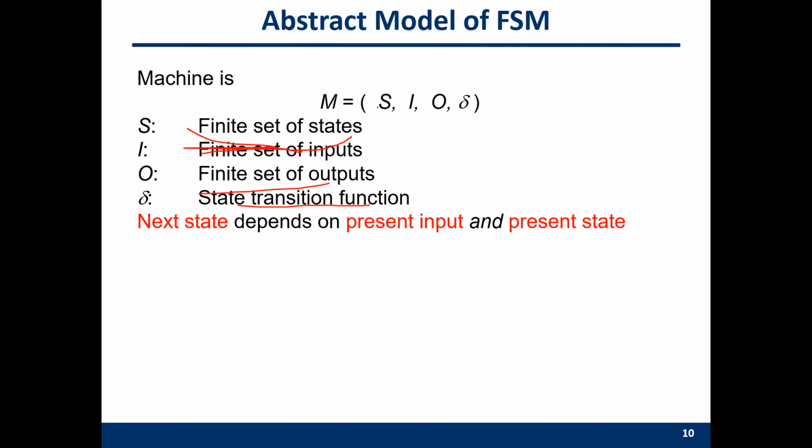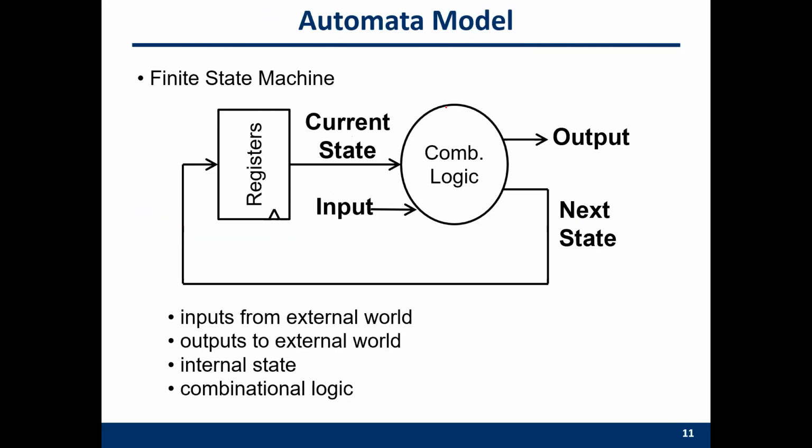The transition means going from state A to state B, from state B maybe to state Z. A finite state machine can be implemented by an automata model.